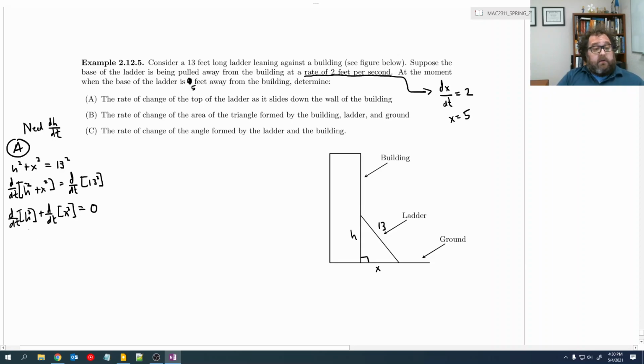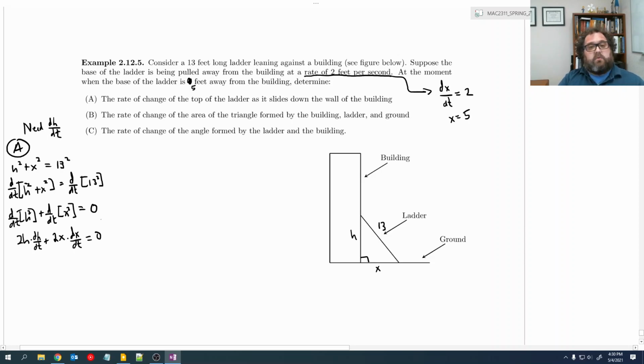Now notice, as always, we're taking the derivative with respect to t of an h term and an x term, so there's a variable mismatch. So we get 2h times dh/dt plus 2x times dx/dt equals 0.